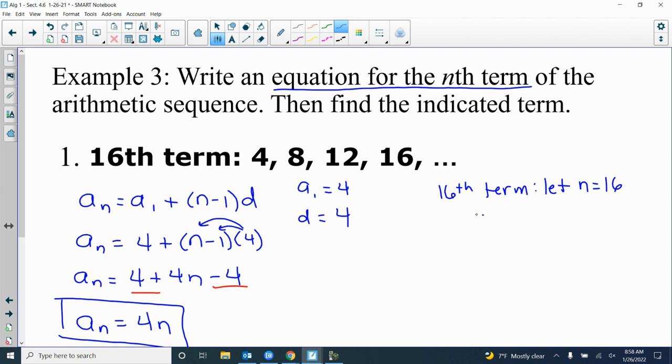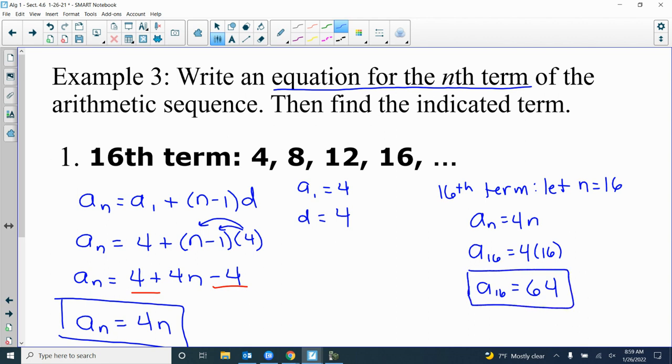Okay, so I got a sub n equals 4 times whatever n is. So the 16th term will be 4 times 16, which is, use your calculators, it's fine. Lindsay, what do you get for that? 64. Says 64. All right, so my 16th term is 64.